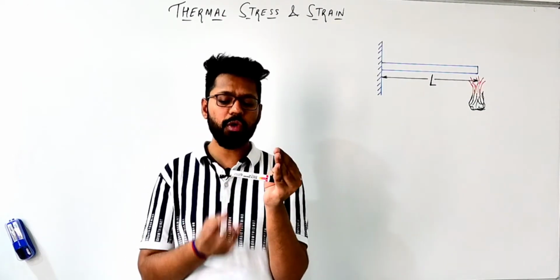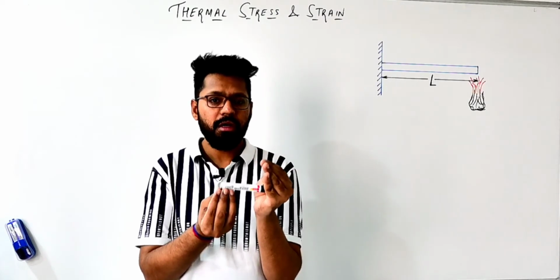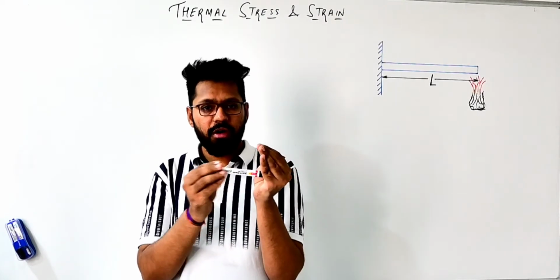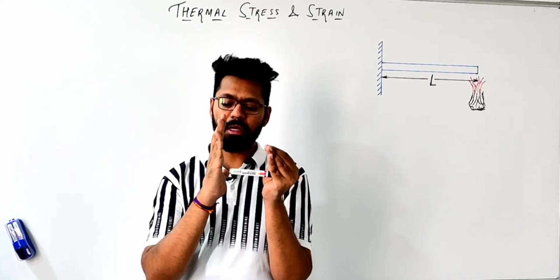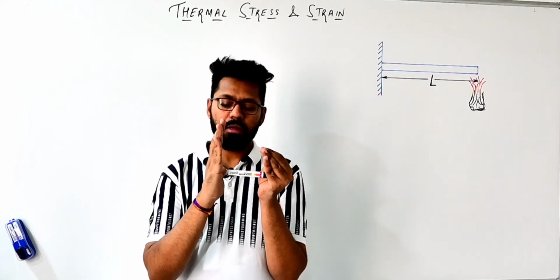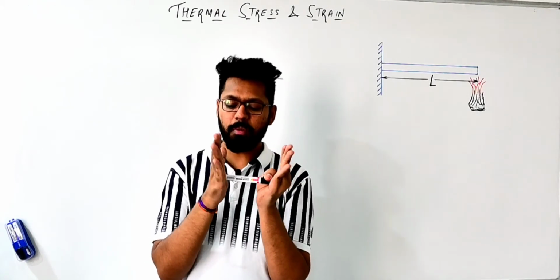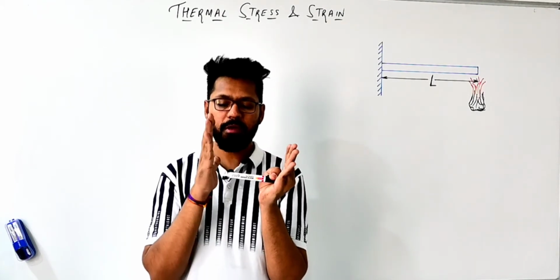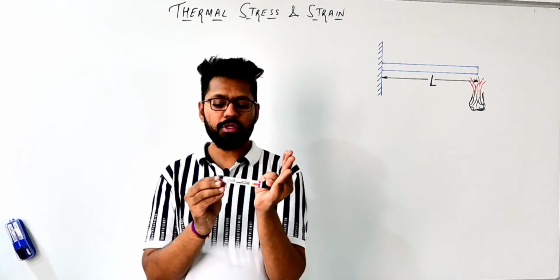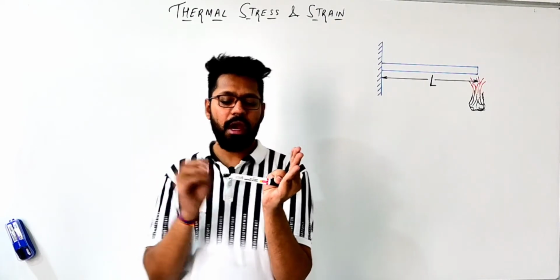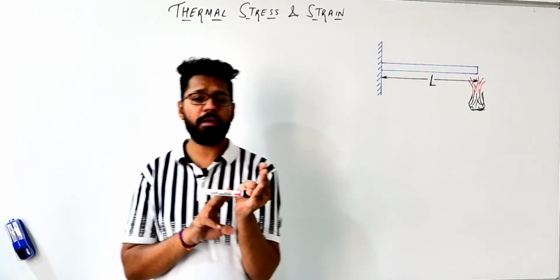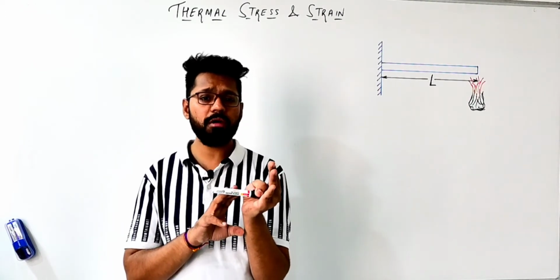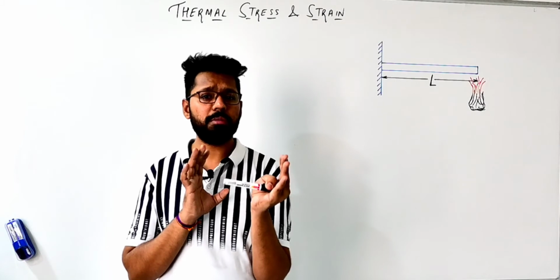Okay, so if we heat this rod at one end, this rod will expand freely because no restrictions are applied here, no support, no rigid support. So this rod will expand freely, and if it expands freely, there will be no thermal stress induced in that rod because no resisting force will be there.